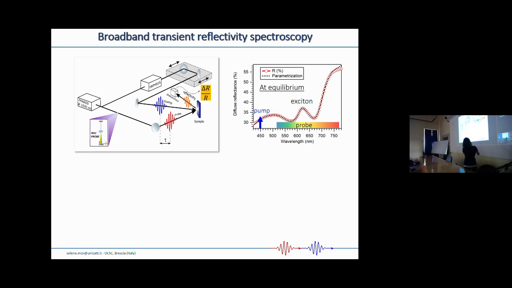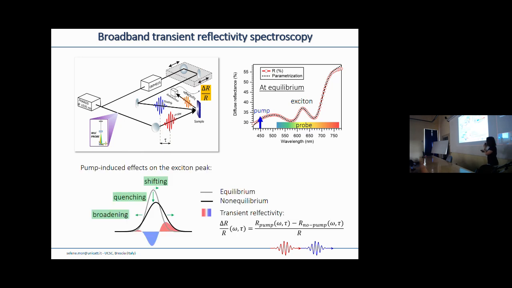This is one window that we selected out of the probe, which can nicely cover your exciton resonance. Then you focus it on the sample, and what you record is the reflectance out of the material.